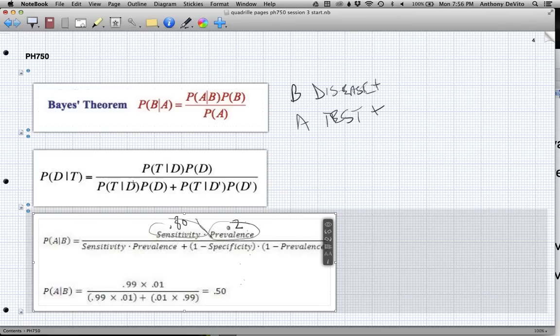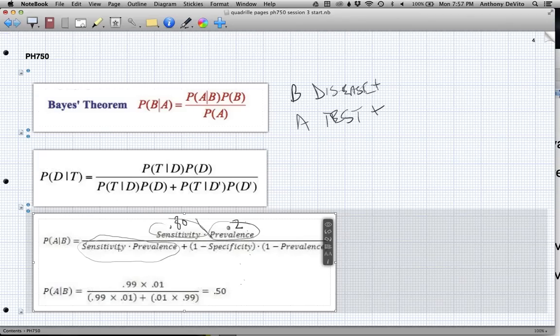So we're multiplying the sensitivity times the prevalence, which gives us the percentage of people who have the disease and would test positive. 20% of people have the disease, and we get it right 80% of the time. So this is basically the sensitivity times the prevalence. It is exactly the same. This is the percentage of people that tested positive given that they actually have the disease.